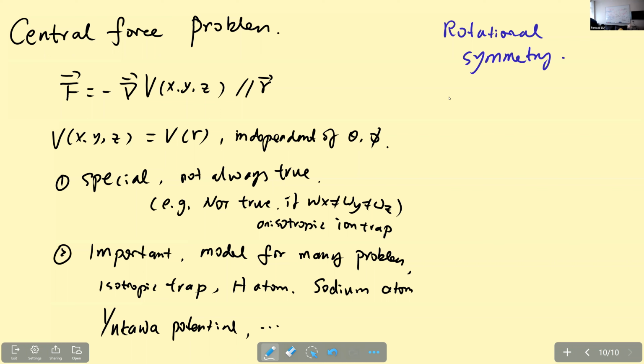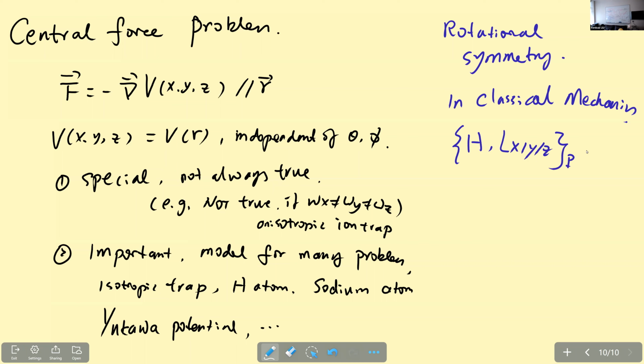Right. So in classical mechanics, we know that all of this one has 0 Poisson bracket. So that means, okay, that's the conservation. Angular momentum, right?